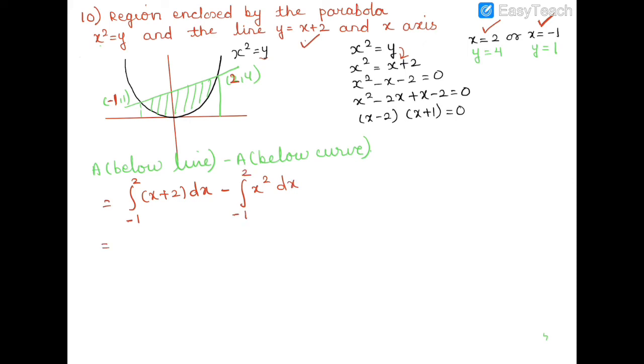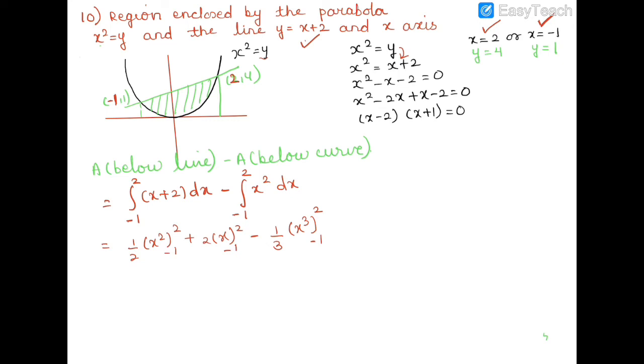On integrating this, it gives x square by 2, limit minus 1 to 2, plus 2x, limit minus 1 to 2, minus x cube by 3. You will notice that everywhere I'm keeping the constant outside, so that my calculations are a little bit faster.